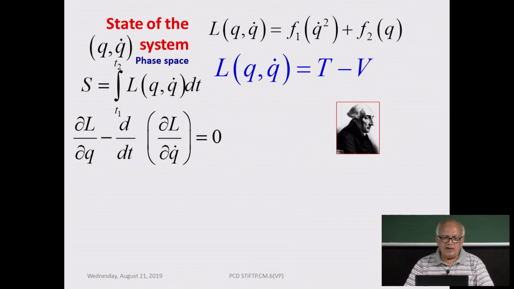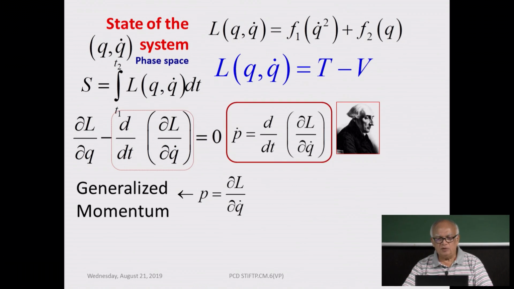This is then the equation of motion. It describes how the system's description in the phase space evolves with time.